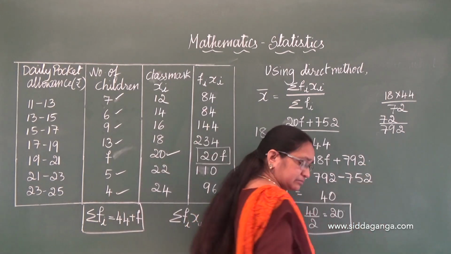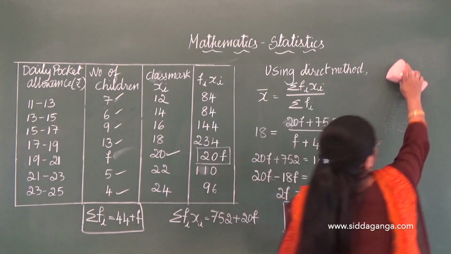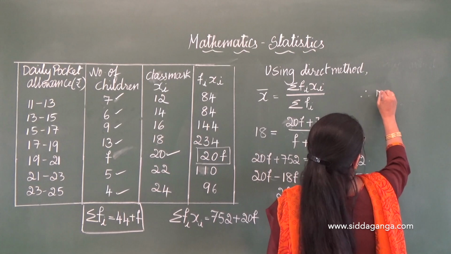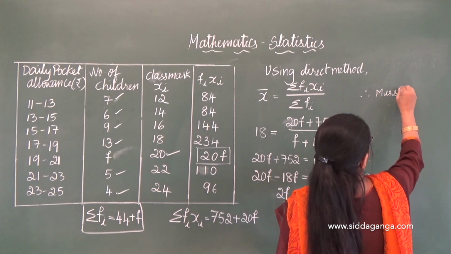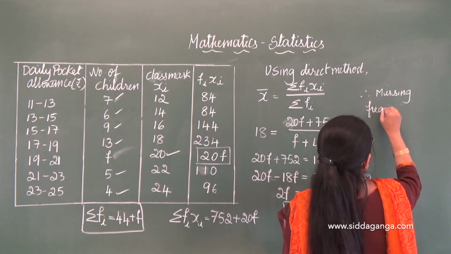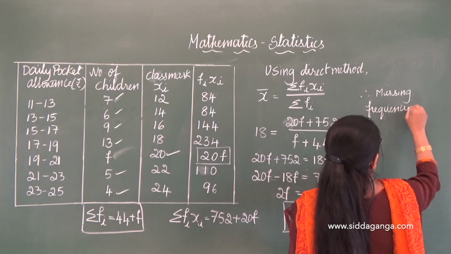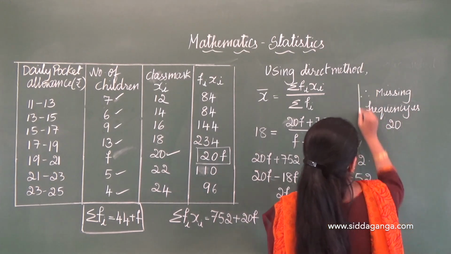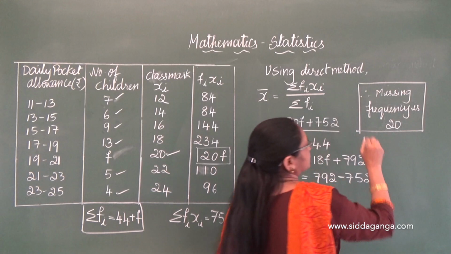Therefore, please write the conclusion. Therefore, missing frequency is 20. I have to write the conclusion.